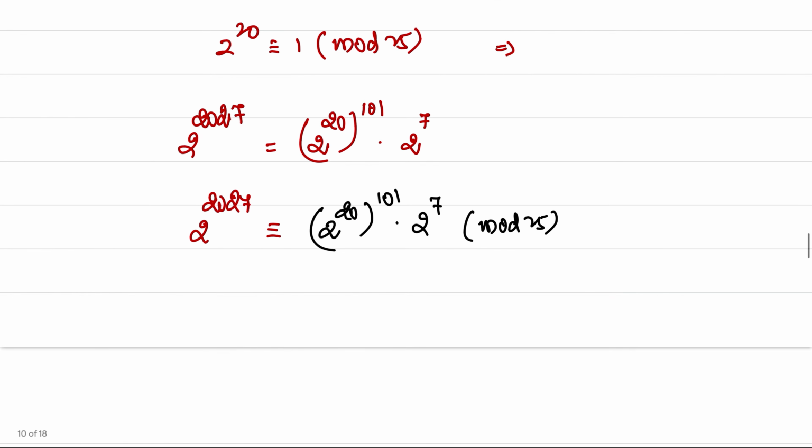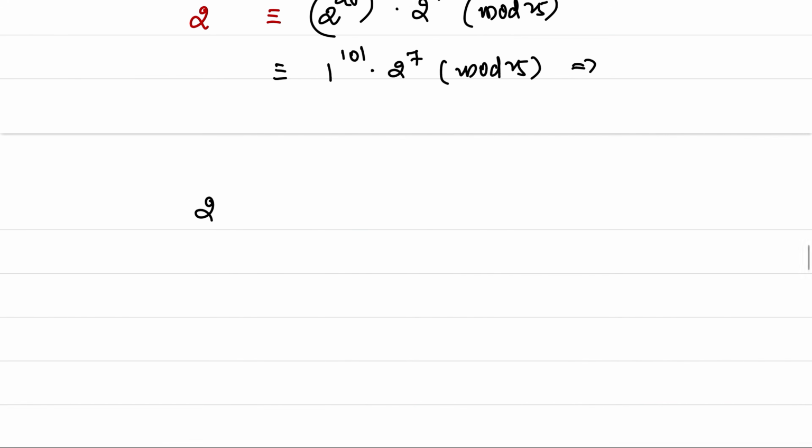What is 2 to the power of 20? That is 1 mod 25. So 1 to the power of 101 into 2 to the power of 7 mod 25. That implies 2 to the power of 2027 is equivalent to 2 to the power of 7 mod 25.